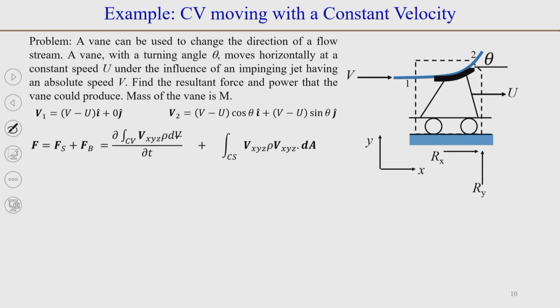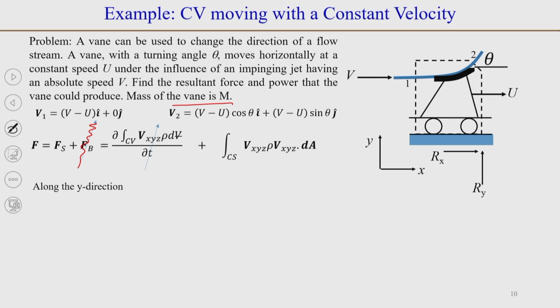Now, we have been able to find the reaction force in the x direction. What we need is the reaction force in the y direction. Now, let us not neglect the mass of the vane, which is m. So, we do consider the body force, and the flow is steady.